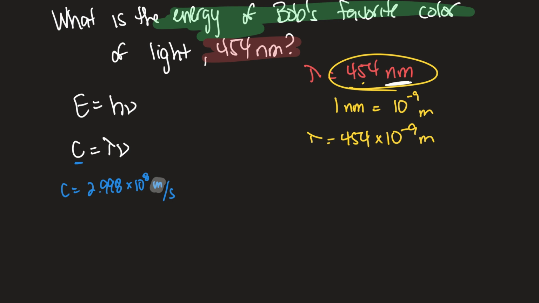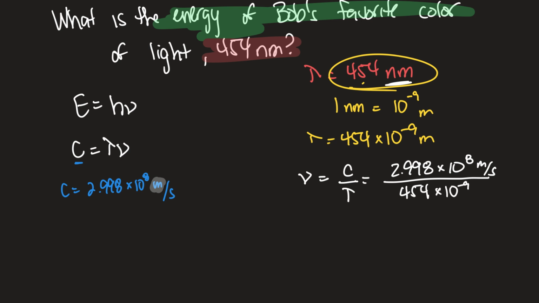So we can see that frequency is equal to the speed of light over our wavelength, which in this case is 2.998 times 10 to the eighth meters per second over 454 times 10 to the negative 9 meters. Our meters cross out, and all we're left with is per second. We'll put this in the calculator and see what we get.